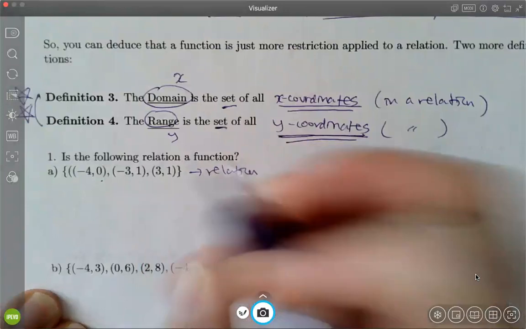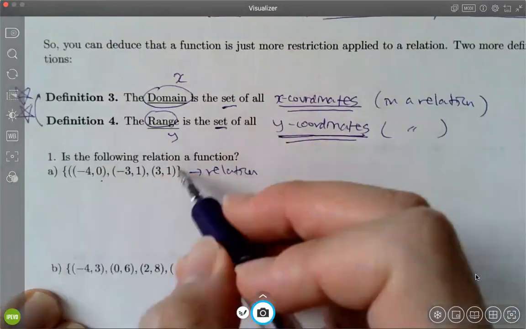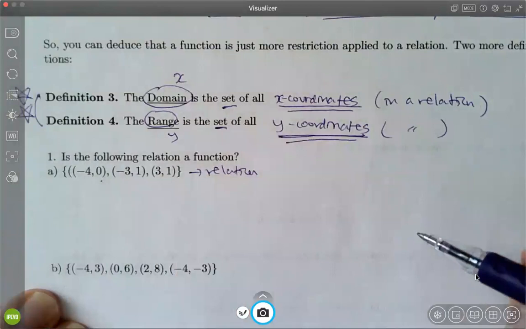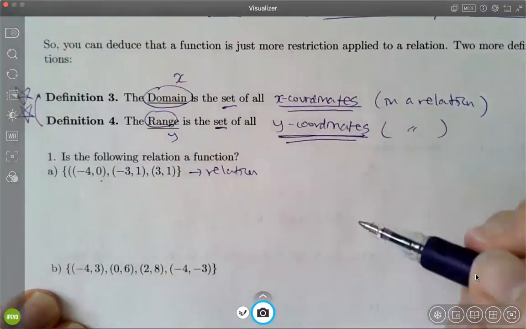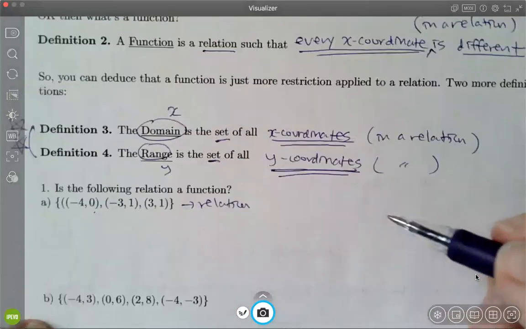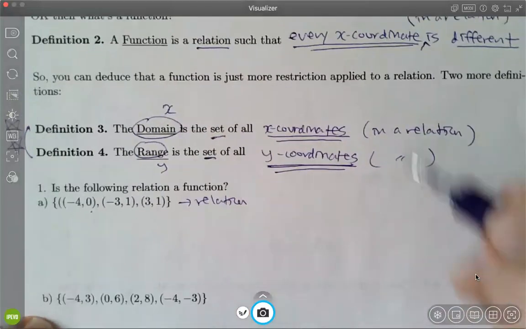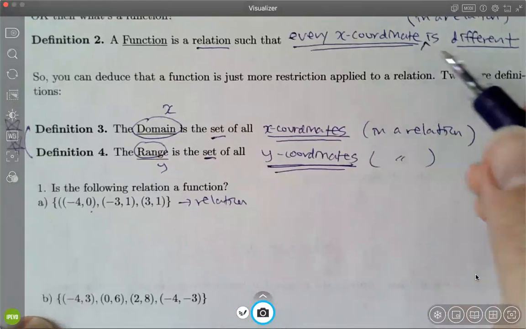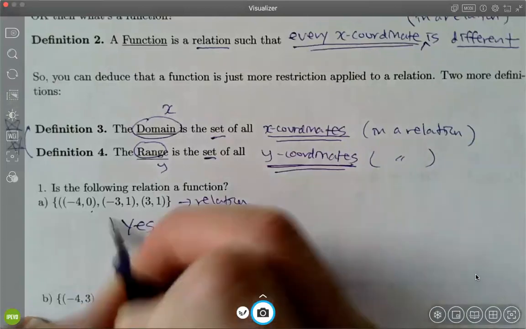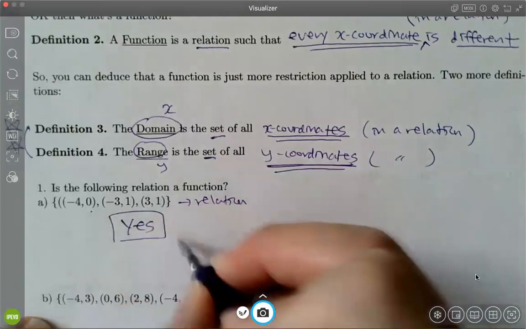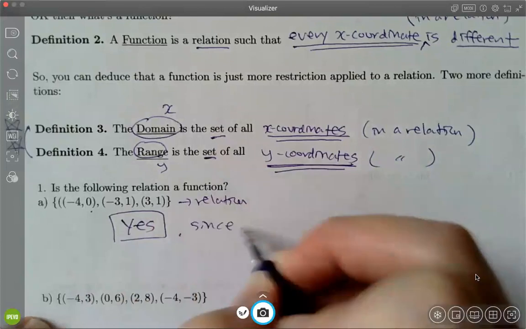And they are contained in this curly bracket. So that's why it's a relation. Now, is this a function? What do we have to check? Function means every x coordinate is different. So is this a function? Yes, since the x coordinates are different.